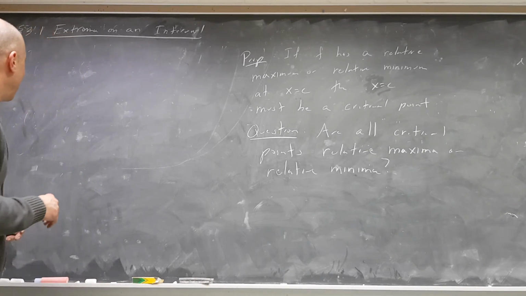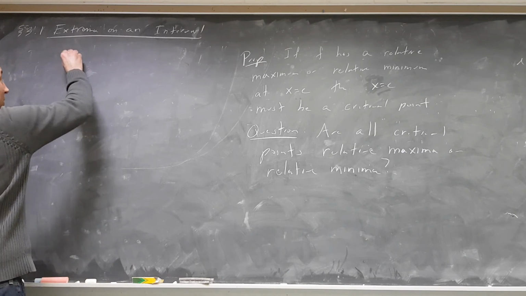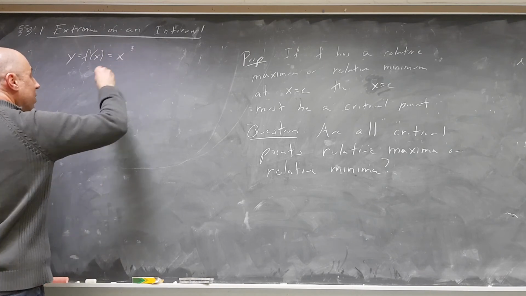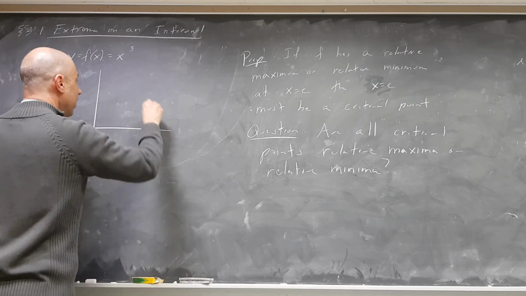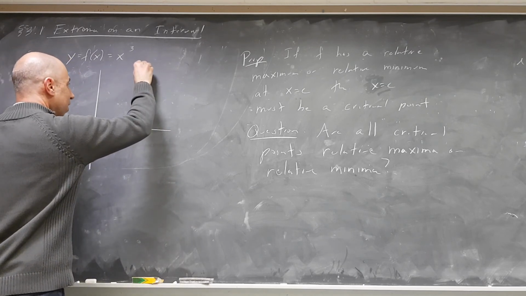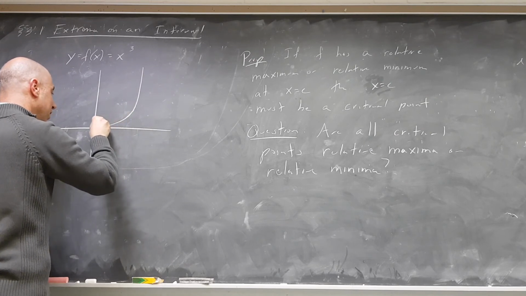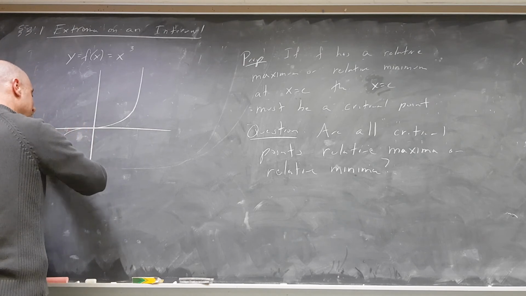So I want to remind you of a function that we know well, x cubed. And you know what x cubed looks like. It looks kind of like a parabola, sort of parabola-like on the right, and sort of like an upside-down parabola on the left.